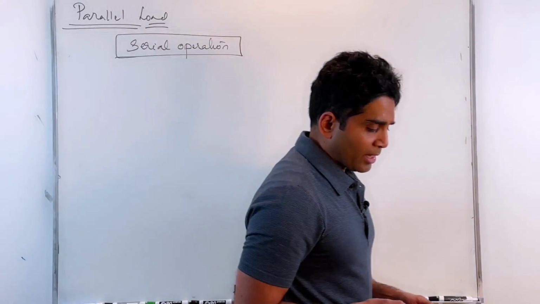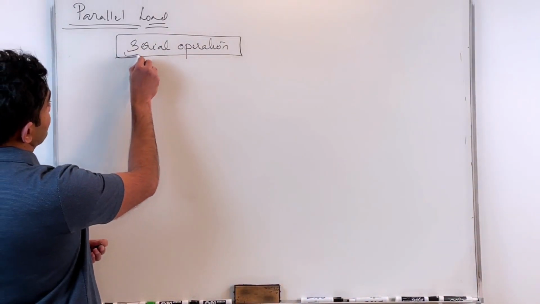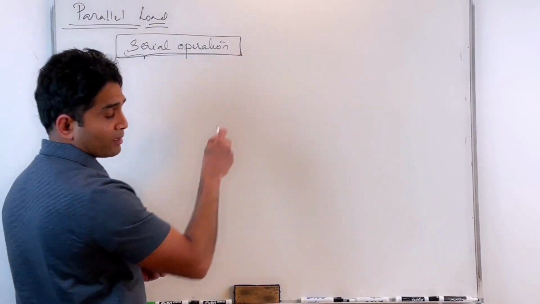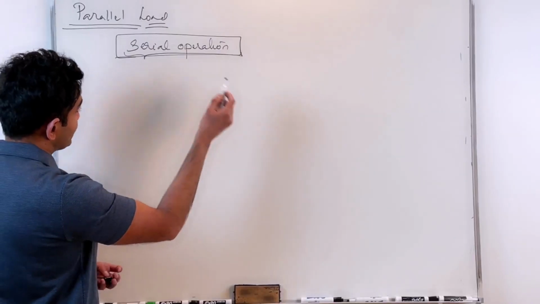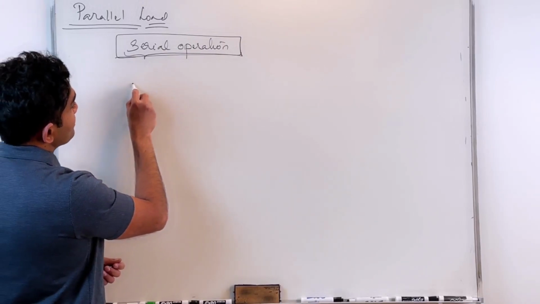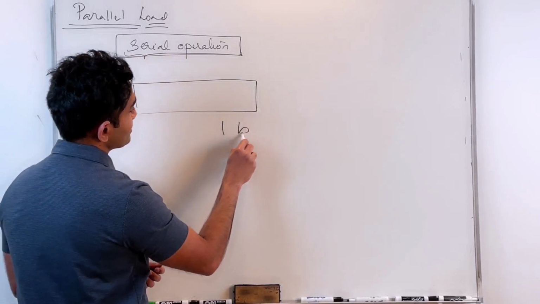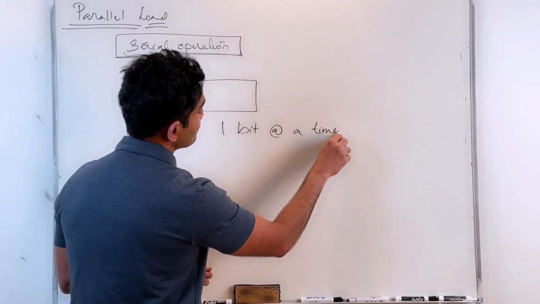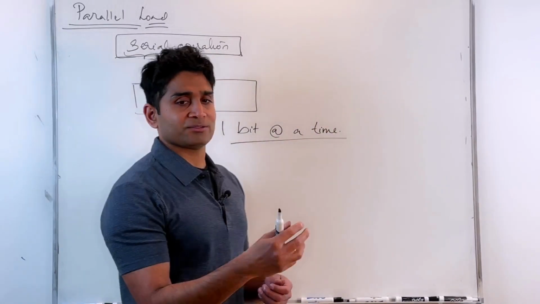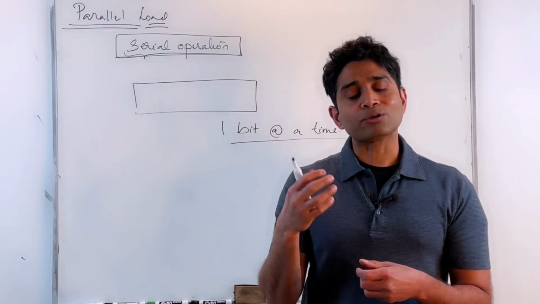Okay. Now, for serial operations, and we'll talk a lot about serial operations later on when we design other circuits, what you're really doing is working with data one bit at a time. One bit at a time. What that means is, now how are you synchronizing this? You're receiving one bit, and at what rate are you receiving it?